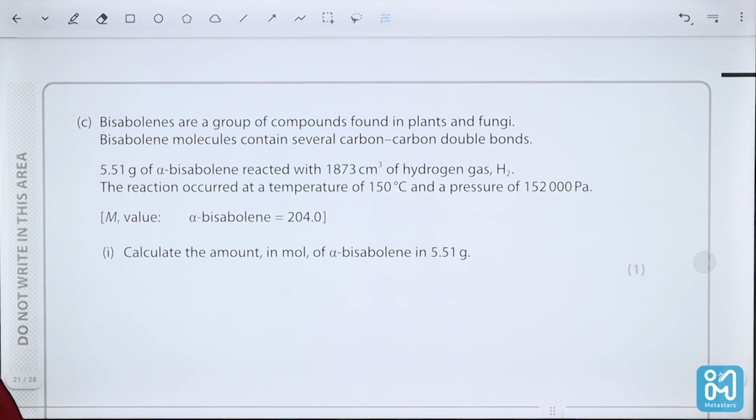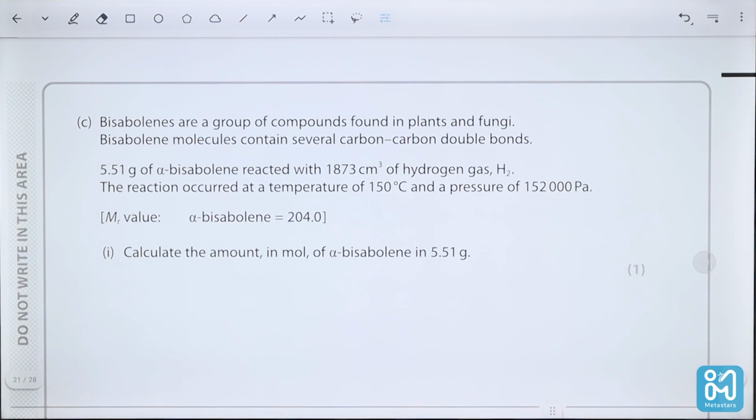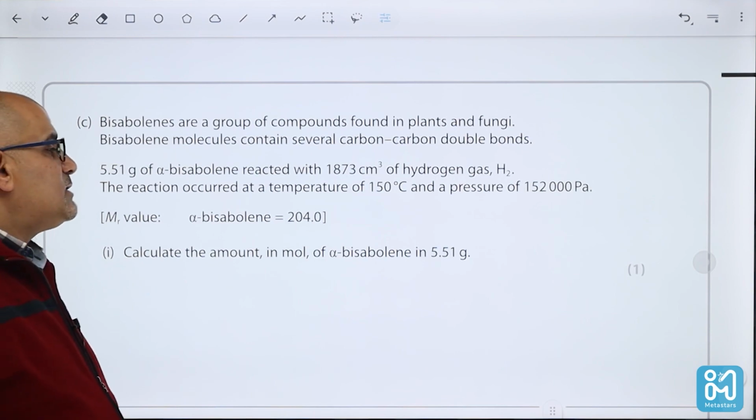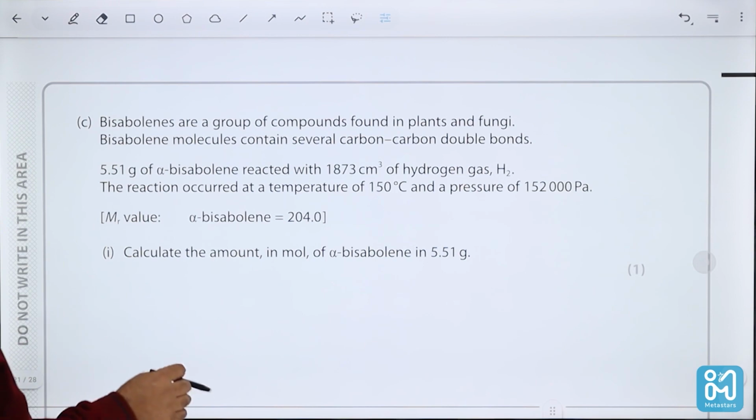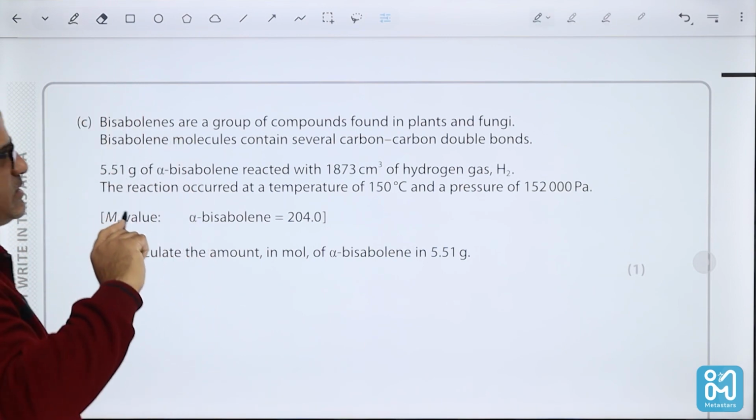The reaction occurs at a temperature of 150 degrees and a pressure of 152,000 Pascal. The molar mass is 204. Calculate the amount in moles of bisabolene in 5.51 grams.